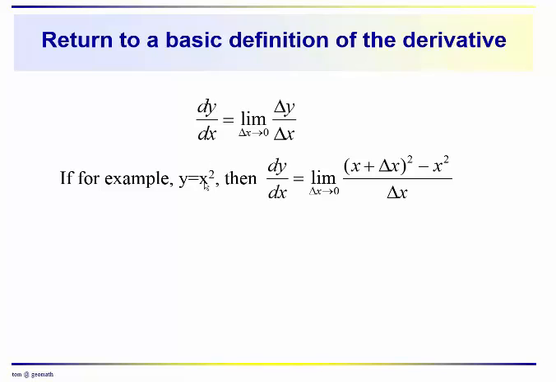So if we have a simple function like y is equal to x squared, let's take a look at that first. So we're dealing with the power rule, x raised to some power. dy/dx is the derivative, and it is defined as the limit as delta x goes to 0 of delta y over delta x.